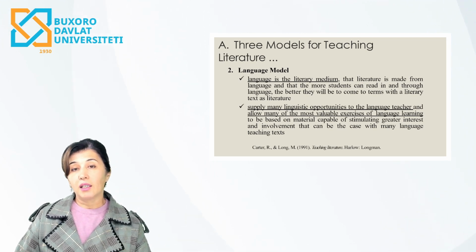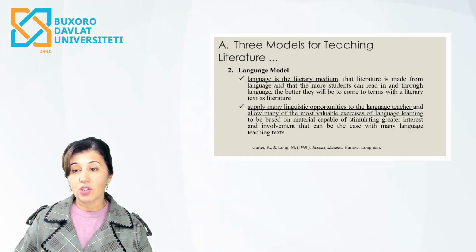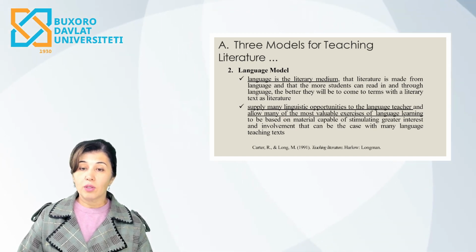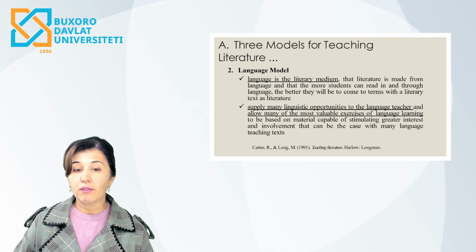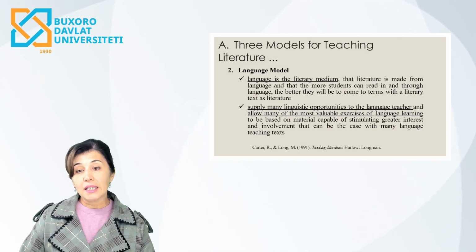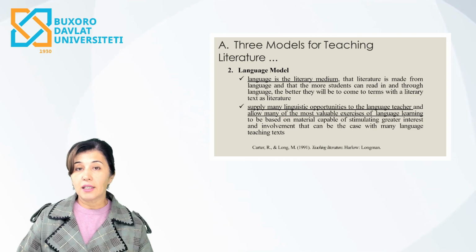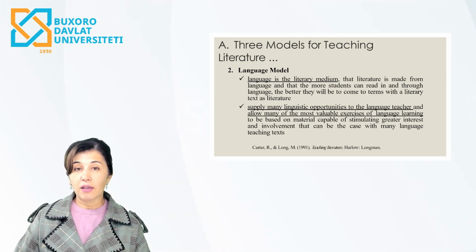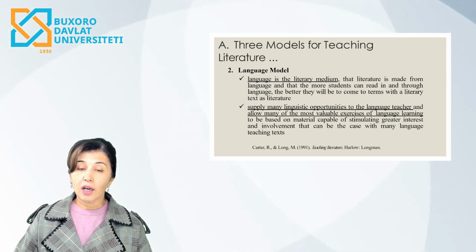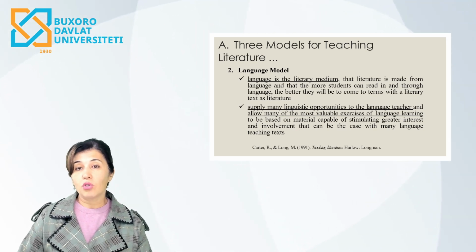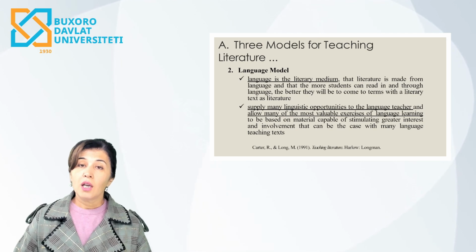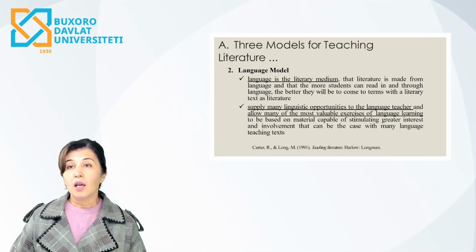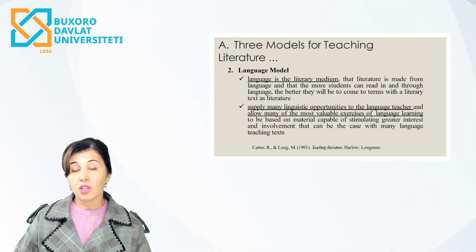They supply many linguistic opportunities to the language teacher and allow many of the most valuable exercises of language learning to be based on material capable of stimulating greater interest and involvement than can be the case with many language teaching texts. According to Carter and Long, the language model is usually implemented in those directions who are majoring in literature and teaching literature.